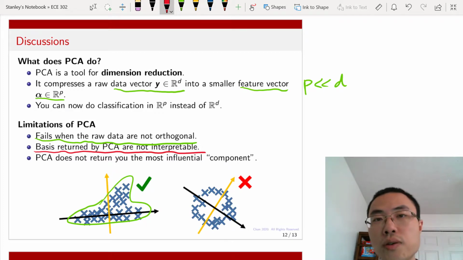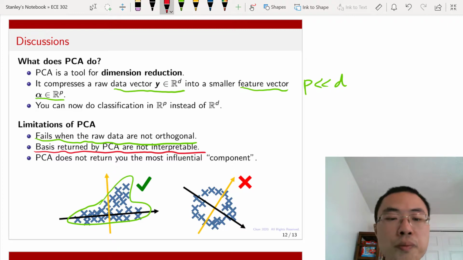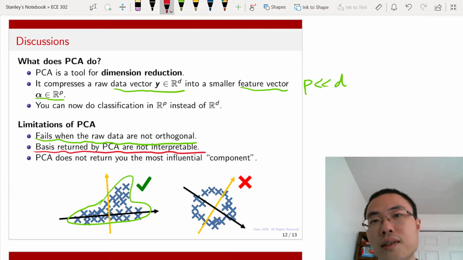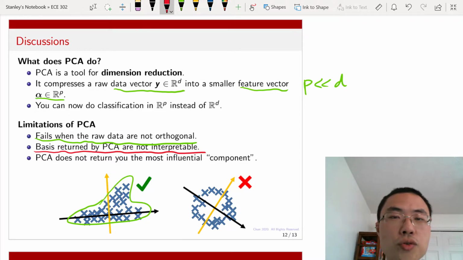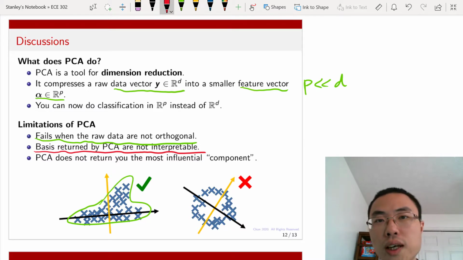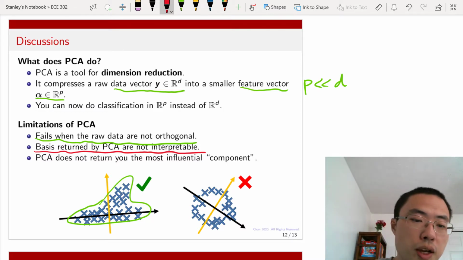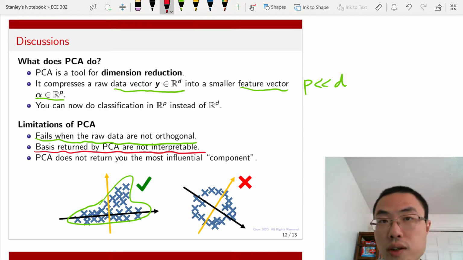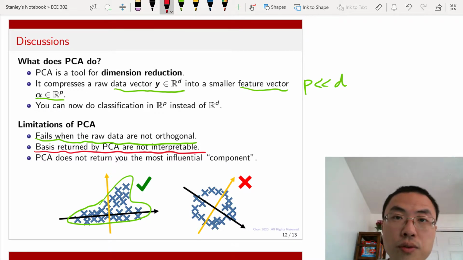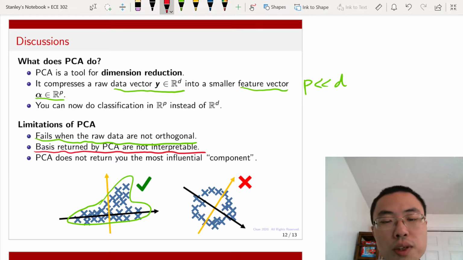It's purely based on the covariance matrix, and you are not able to do this part-based decomposition or local features. You're not able to do that. You're just obtaining whatever the data set gives you. So the basis returned by PCA is not always interpretable, and that's a big limitation if you try to use PCA to offer you something useful.